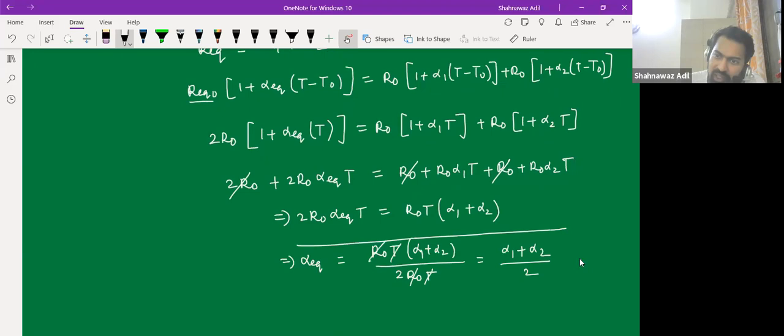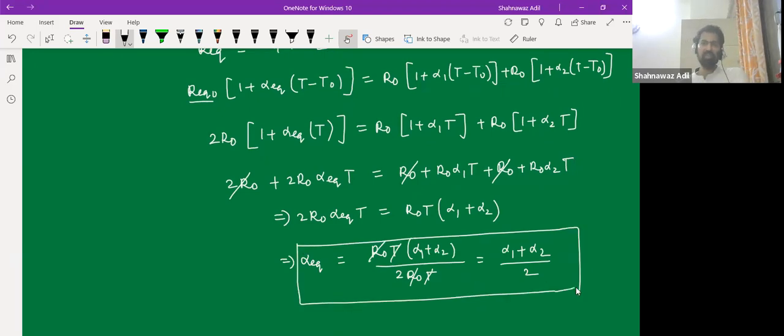So whenever we connect two resistances of different materials, with different temperature coefficients, then the overall temperature coefficient is this. Is this part clear?